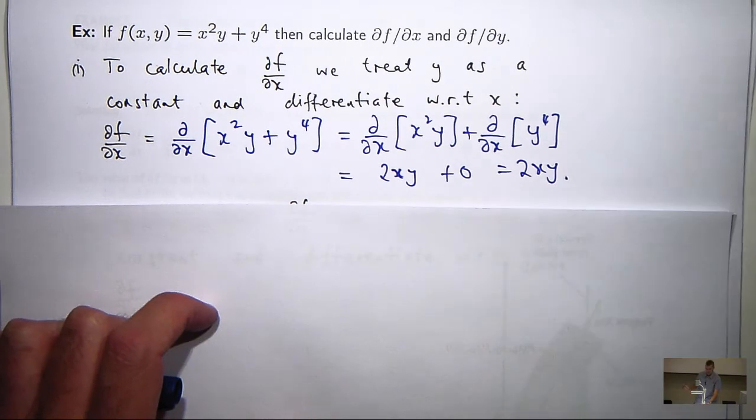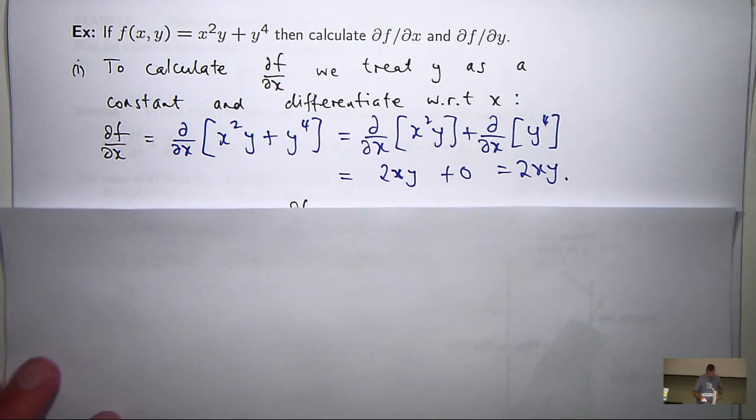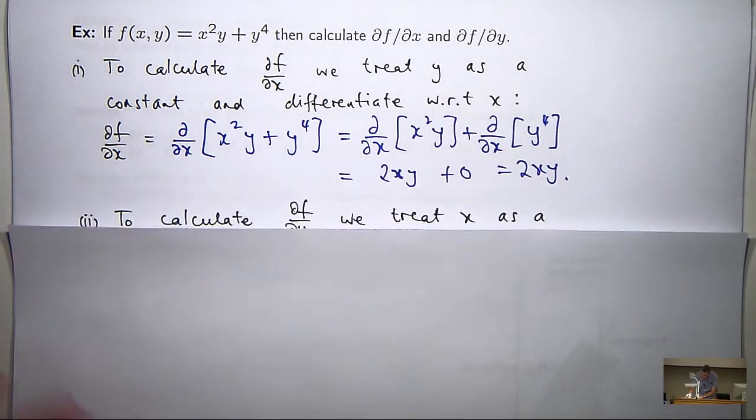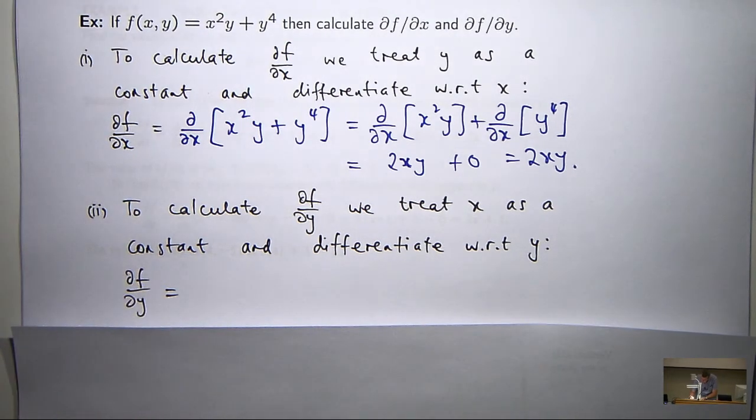Okay, and again, I won't pre-prepare these slides probably after the next lecture because I like to sort of be with you and write it out. Okay, so we go up to f and we treat x as a constant and differentiate normally with respect to y. So let's have a go with that then. Okay, so I'm not going to expand it now.